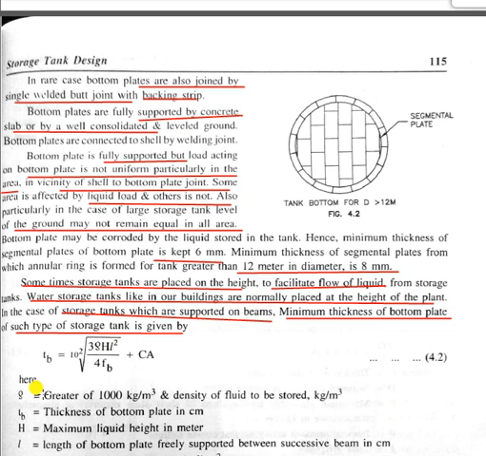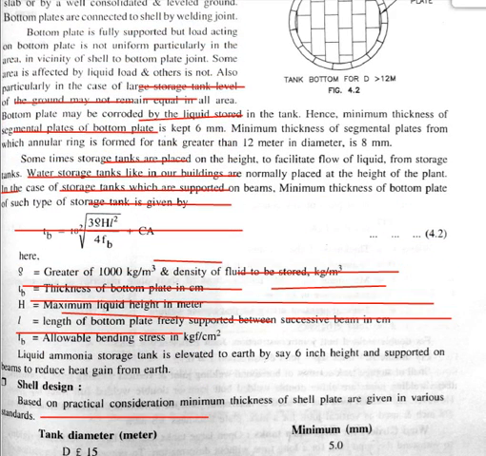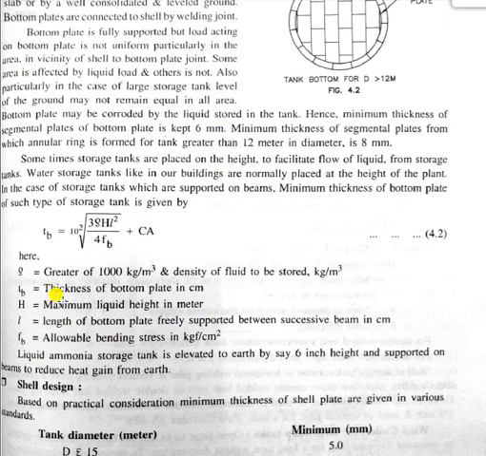Next, TB is the thickness of the bottom plate, considered in centimeters. h is the maximum liquid height in meters.